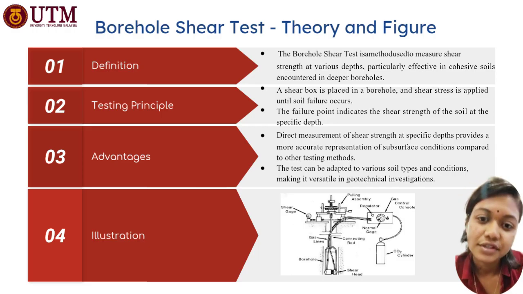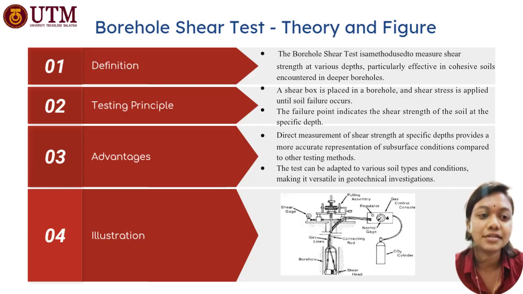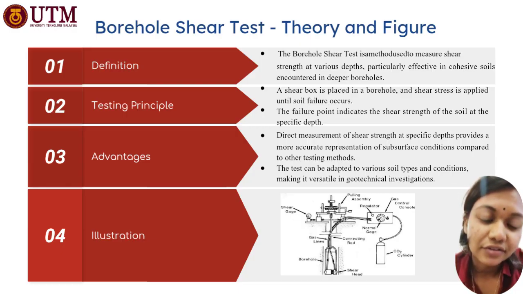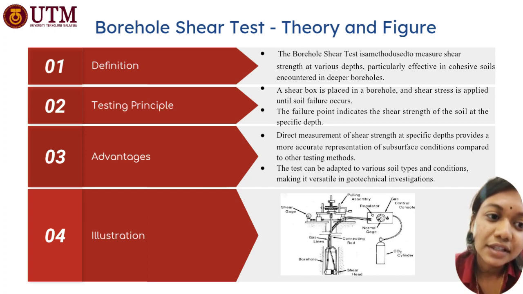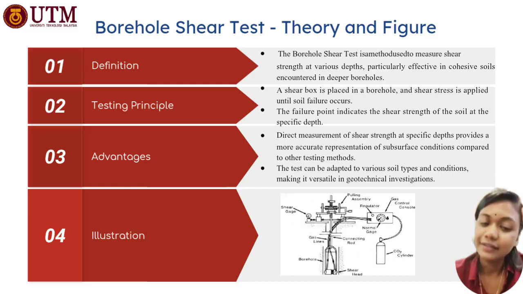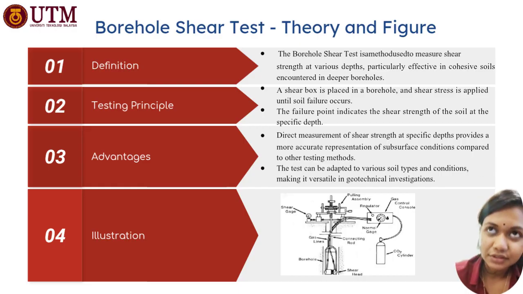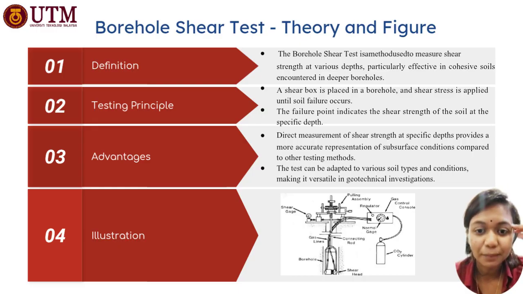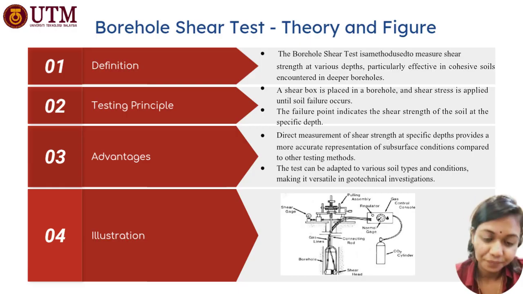Okay, next slide is about the shear stress theory and figure. First of all, the definitions. The definition of the shear test is to measure soil strength directly at different depths inside the borehole, and it is particularly effective for cohesive soil found deeper underground. The second point, the testing principle: a shear box is lowered into the borehole, and the equipment applies shear stress to the soil until it fails.